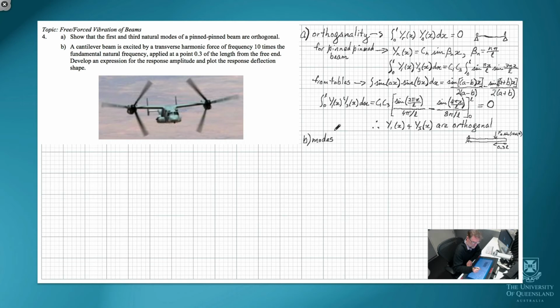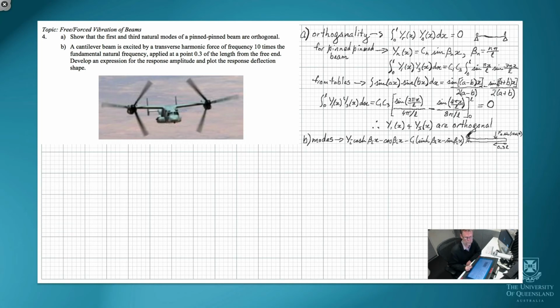So the modes are given by, for a cantilevered beam, y of i equals cos beta i x minus cosh beta i x minus C1 times the quantity sinh beta i x minus sin beta i x.